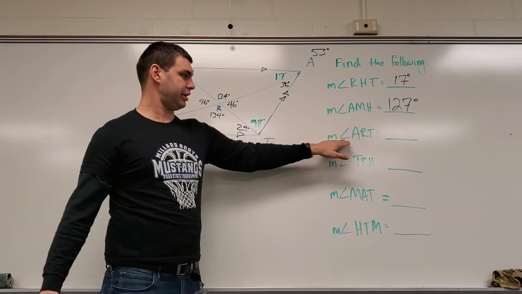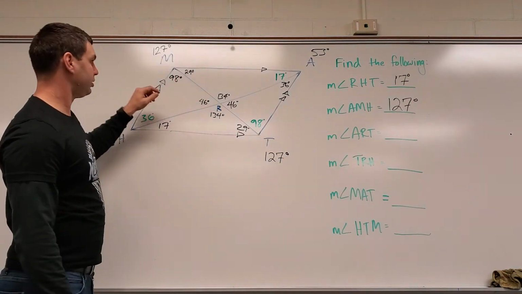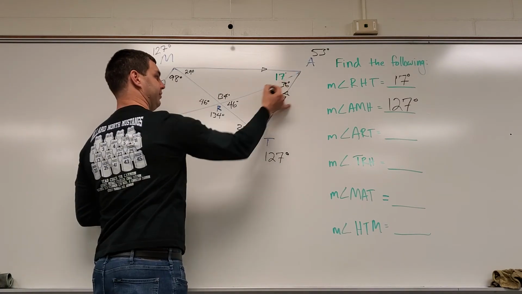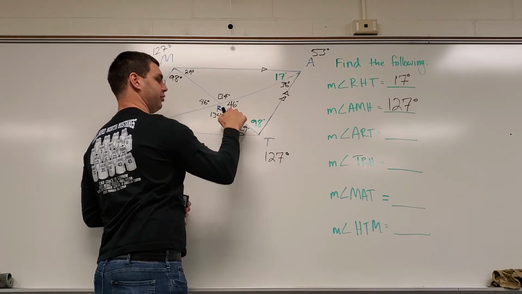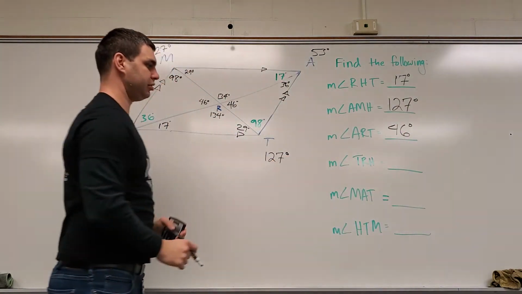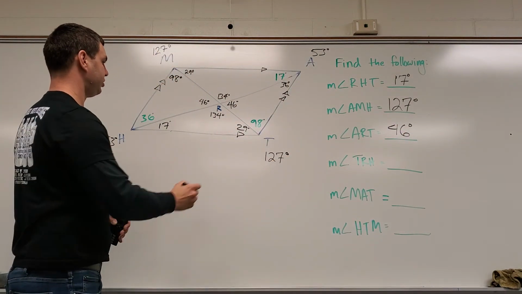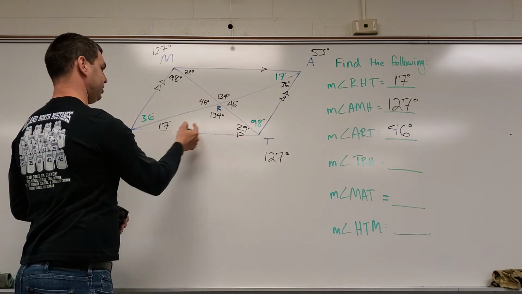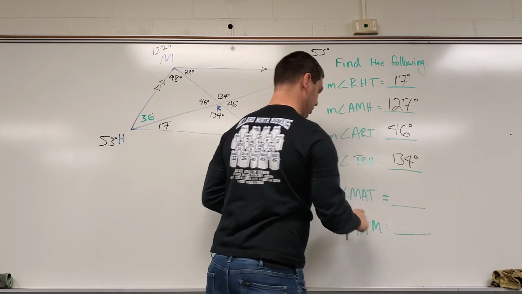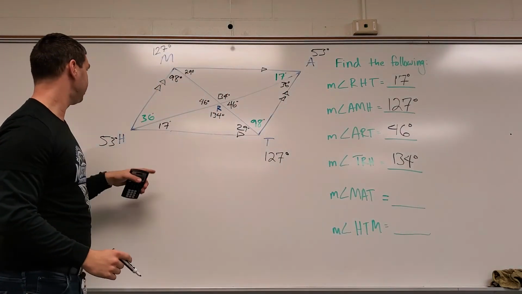Next one is angle ART. So ART is this middle one here, right? Again, it makes that V shape, ART. So 46 degrees. Angle TRH. TRH is 134. Angle MAT.